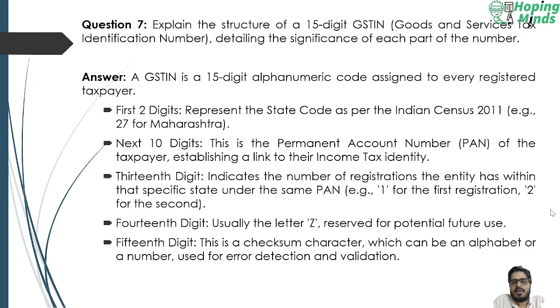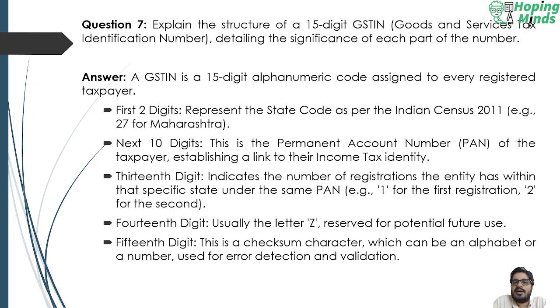So here we also need to note it down that the fourth character of the PAN represents the constitution of the business. For example, if the fourth character of a PAN is P, then it represents person, that is proprietorship business.